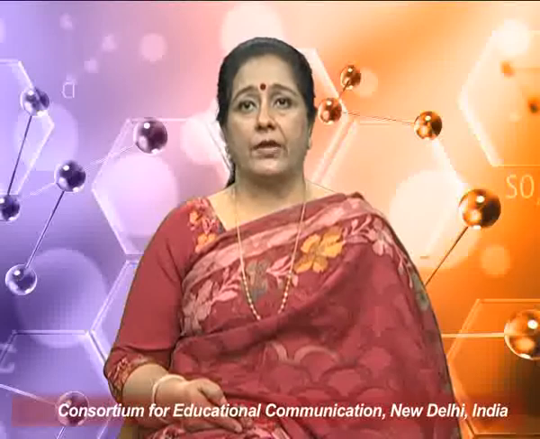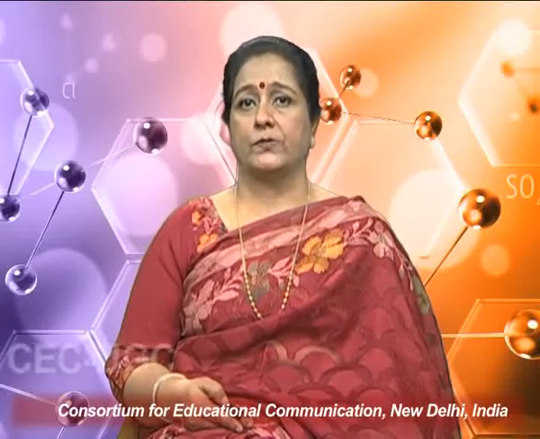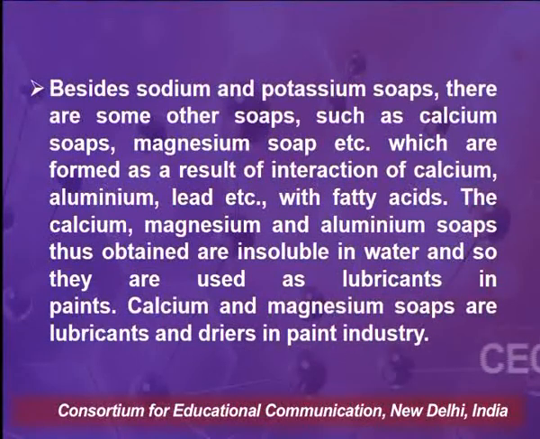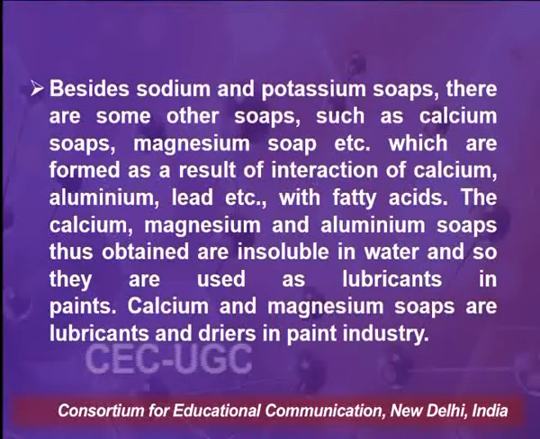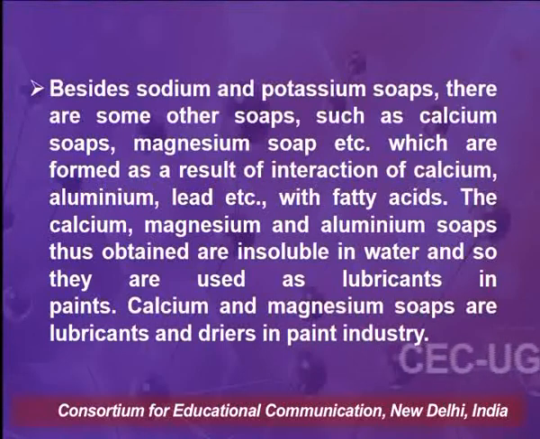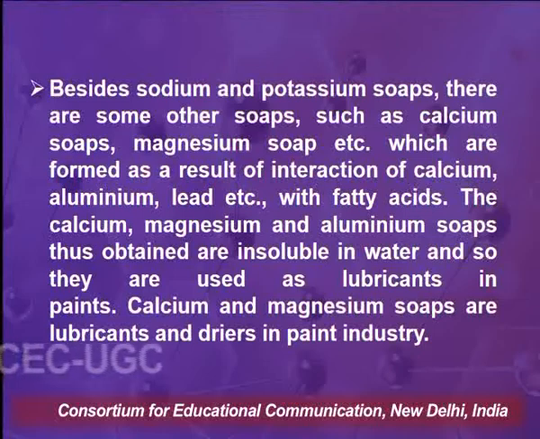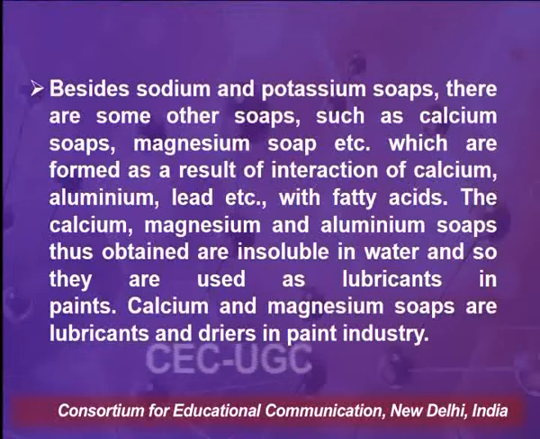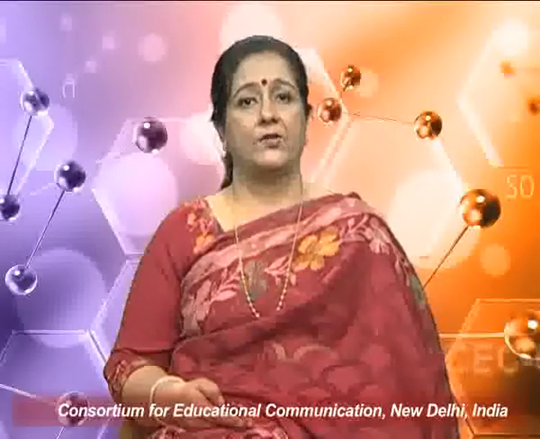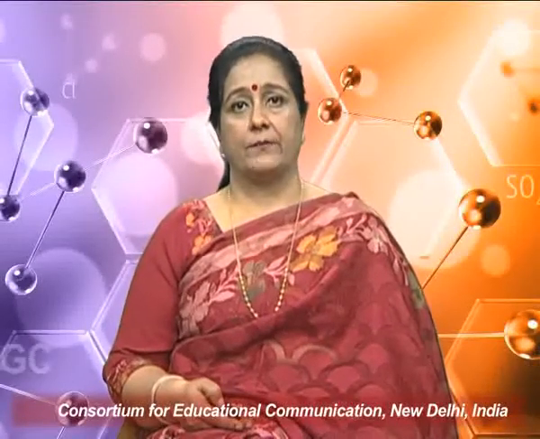Besides sodium and potassium soaps, there are some other soaps such as calcium soaps, magnesium soaps, etc., which are formed as a result of interaction of calcium, aluminium, lead, etc. with fatty acid. The calcium, magnesium and aluminium soaps thus obtained are insoluble in water and so they are used as lubricants in paints. Calcium and magnesium soaps are lubricants and dryers in the paint industry.